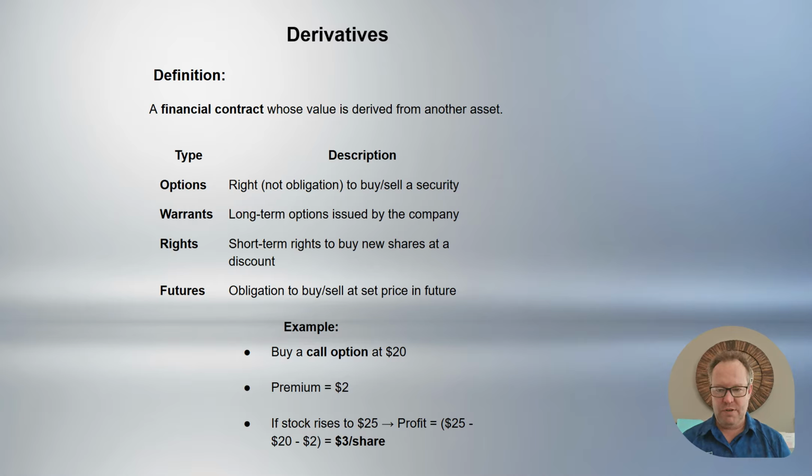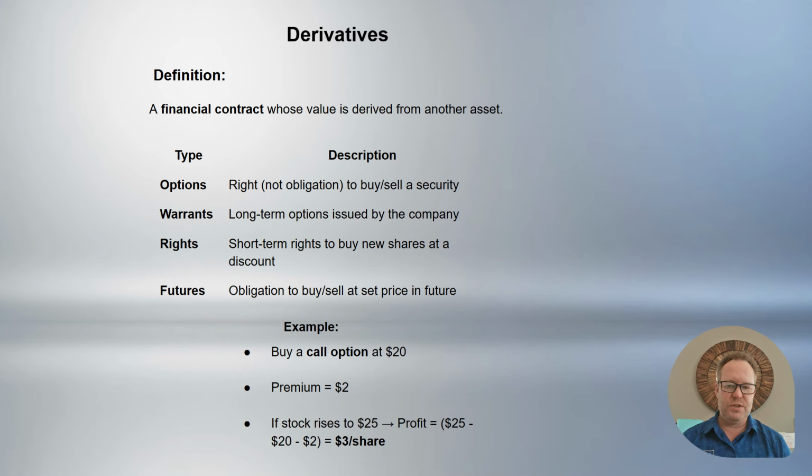Different types of derivatives: options, warrants, rights, and futures. So an options derivative is the right to buy or sell a security, not an obligation. So someone might purchase an options derivative contract to give them the right in the future to buy or sell a security at a future price.